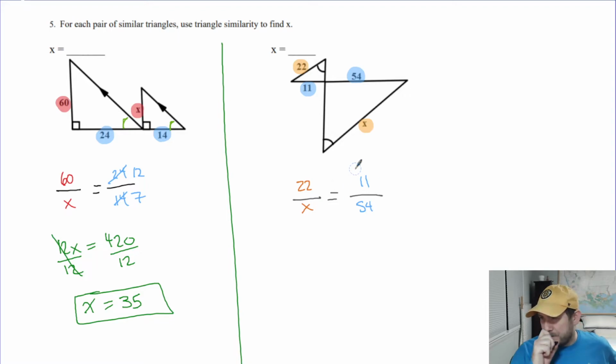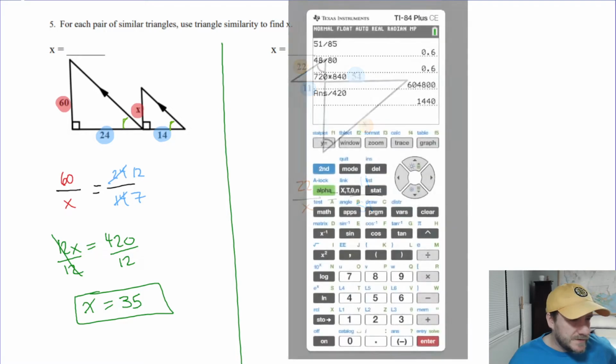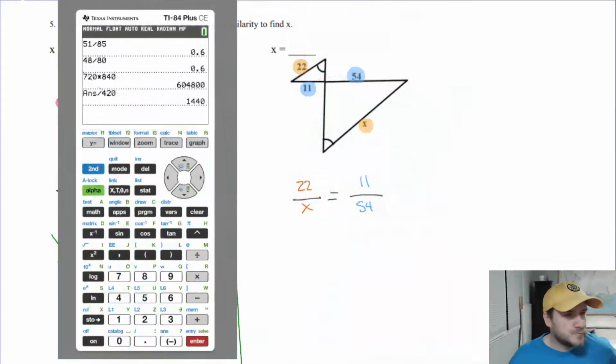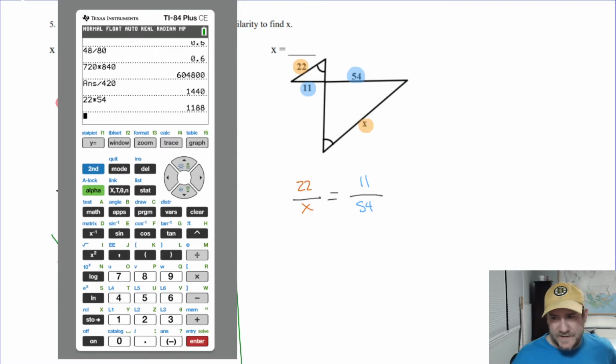So I know we've got this set up right. Can't reduce anything this time, so we're going to just have to know what 22 times 54 is. That's a shame. I don't know what that is. So we'll bring back the old calculator. Okay, so we're trying to do 22 times 54, which is going to be 1188, apparently.